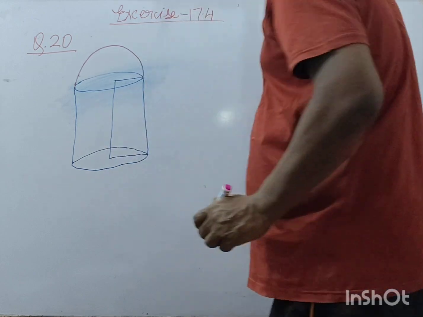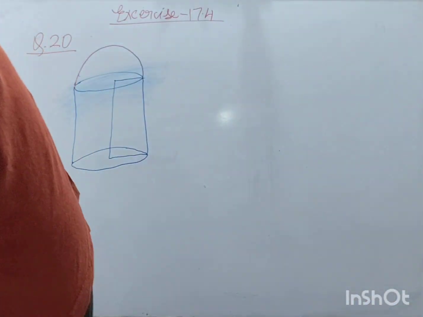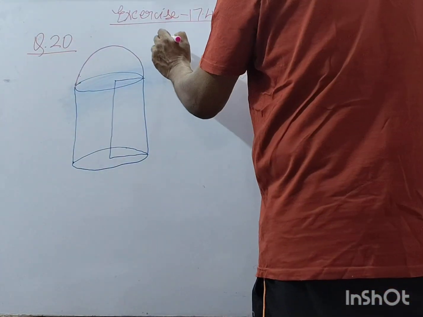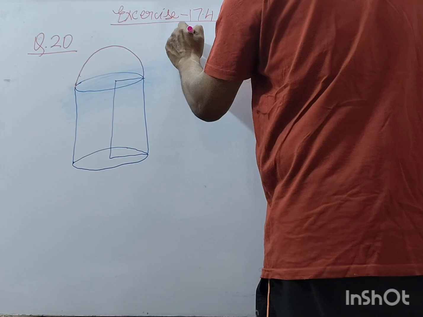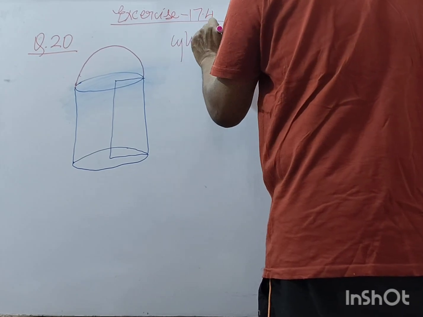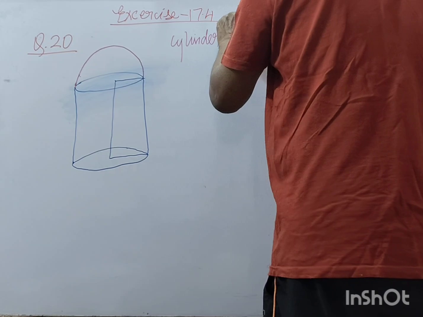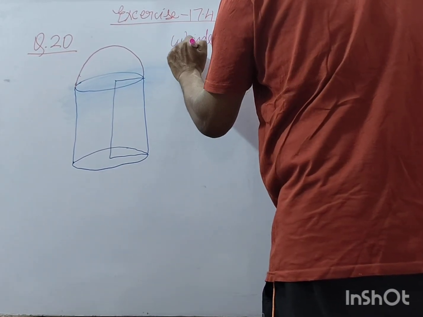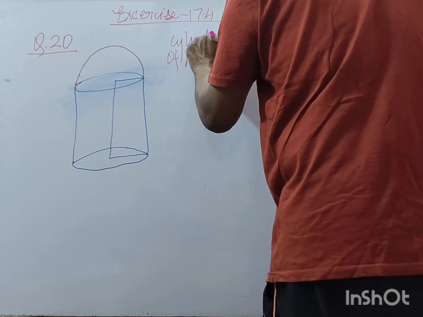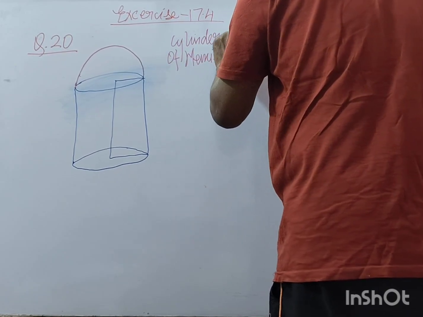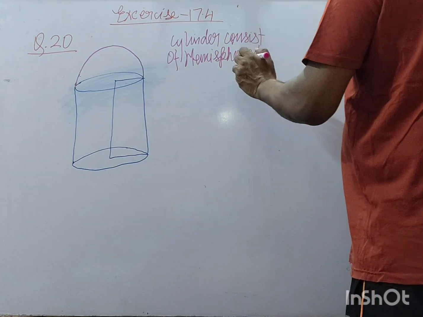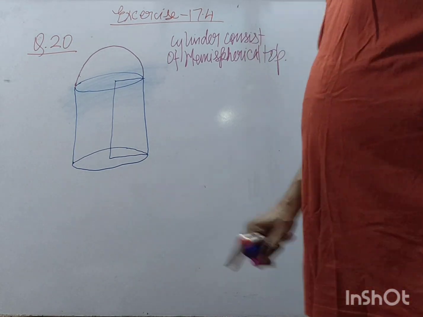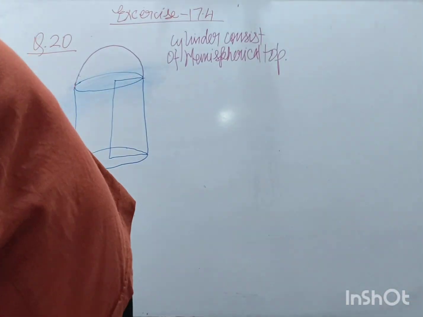So what is it saying? The solid consists of a cylinder with a hemispherical top. What is it asking for? So what dimensions are given?